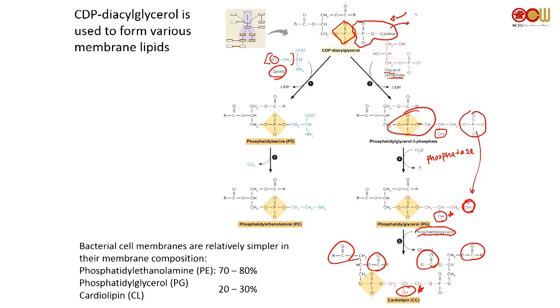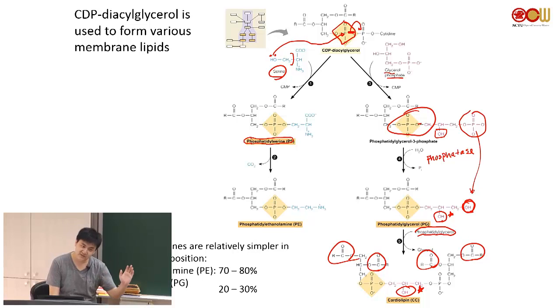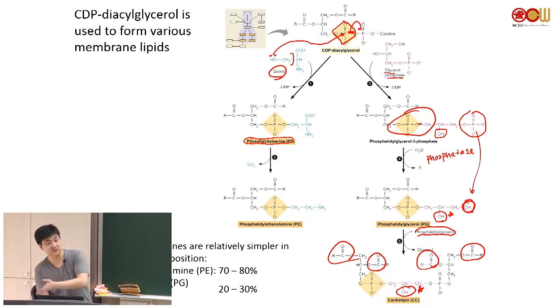The way it's going to work, obviously, is that OH has lone pair electrons, and lone pair electrons do what? They attack the phosphorus, and then this extra bond pops over, and CMP is gone. After you do that, you get this thing called phosphatidylserine. Just like previously it was phosphatidic acid, now it's phosphatidyl serine.